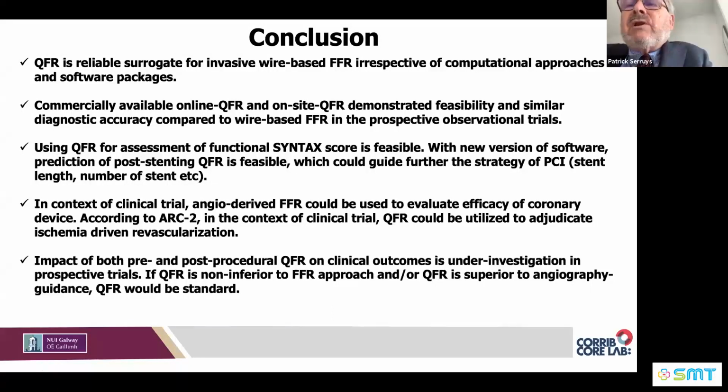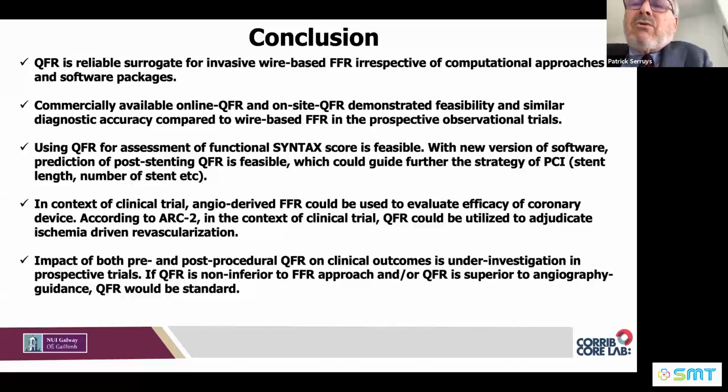In the context of a clinical trial, angio-derived FFR can be used to evaluate the efficacy of a coronary device. According to the R2, in the context of a clinical trial, QFR could be utilized to adjudicate ischemia-driven revascularization.